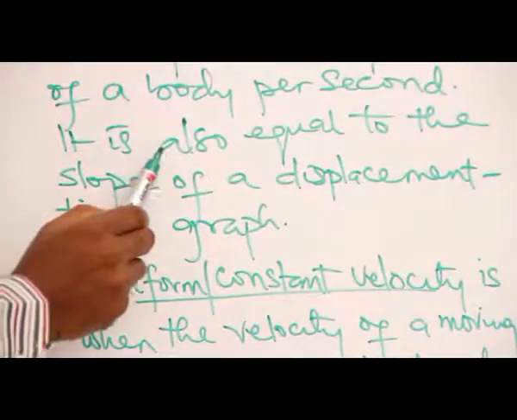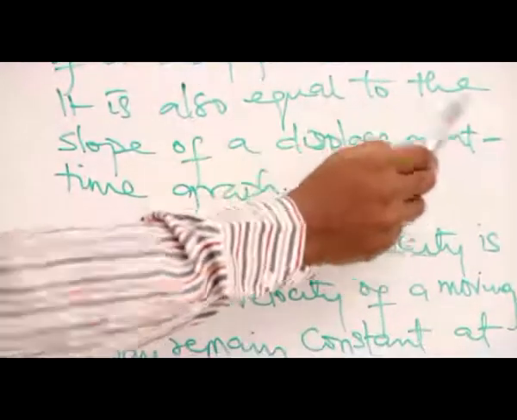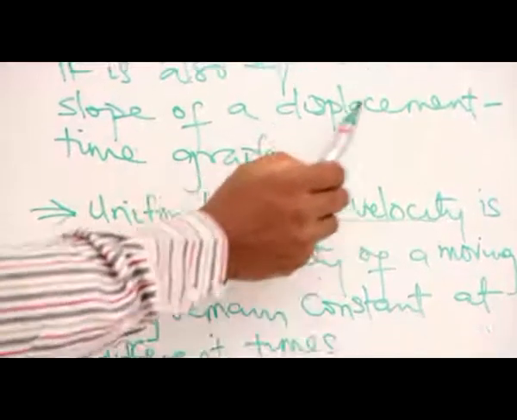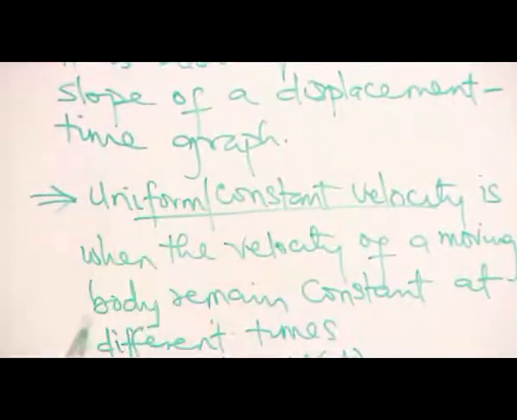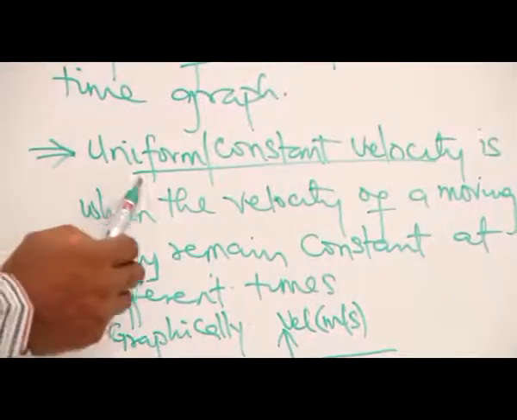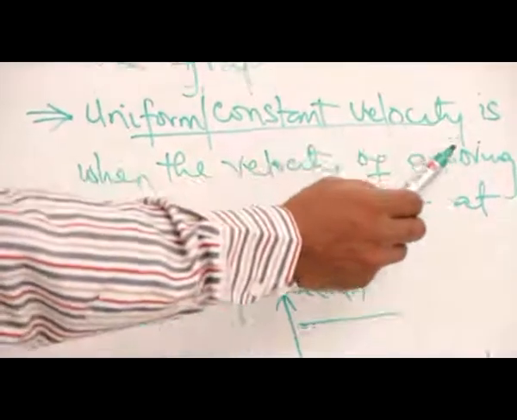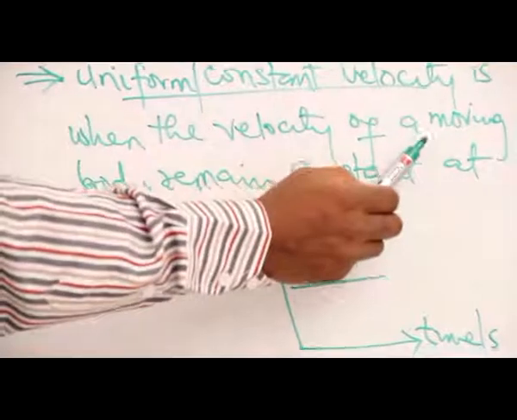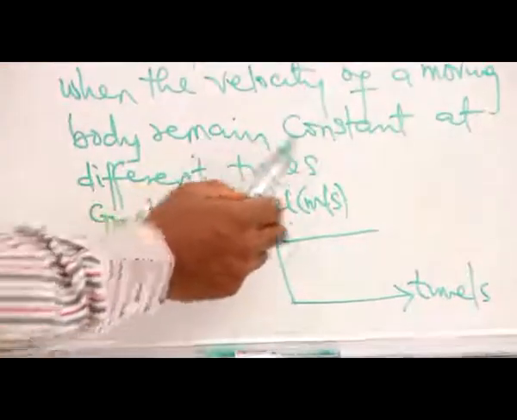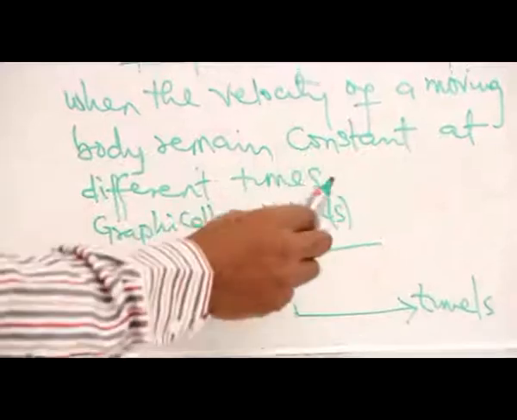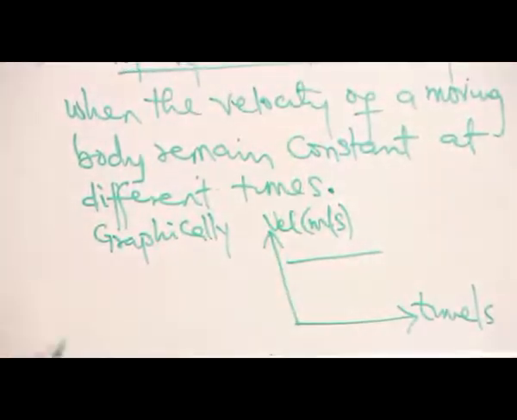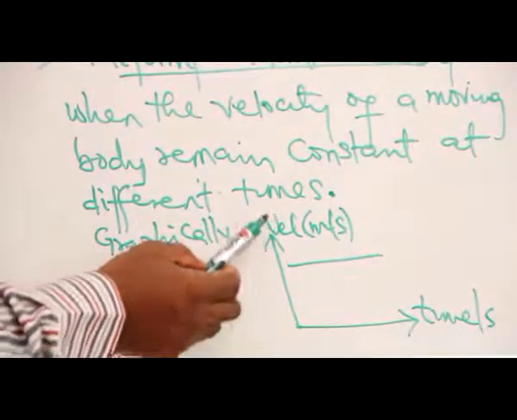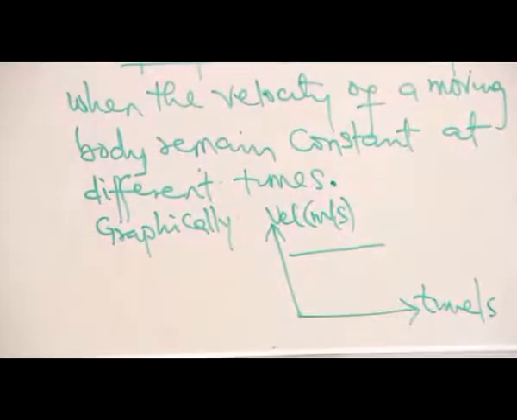It is also equal to the slope of a displacement time graph. Uniform or constant velocity is when the velocity of a moving body remains constant at different times. Graphically, the graph is as shown below.